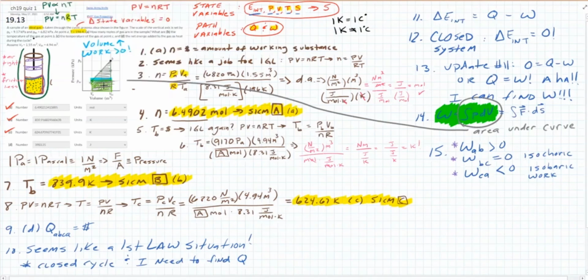So my net amount of work is right here. This is the net work done from A to B, B to C, C to A. This is my net work done, this crosshatch area right here, because basically red equals gray minus green. And you know what that is? That's a triangle.